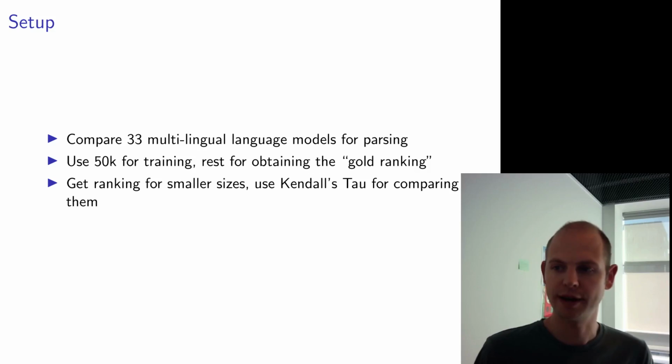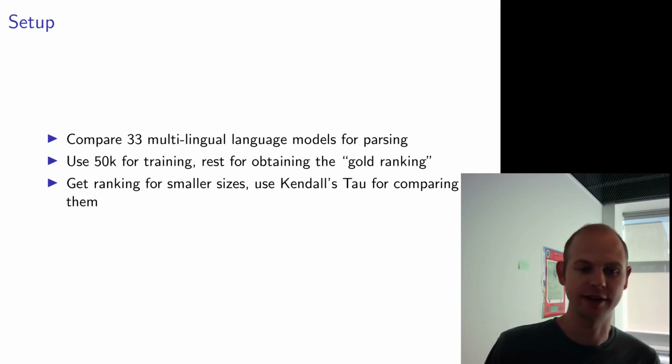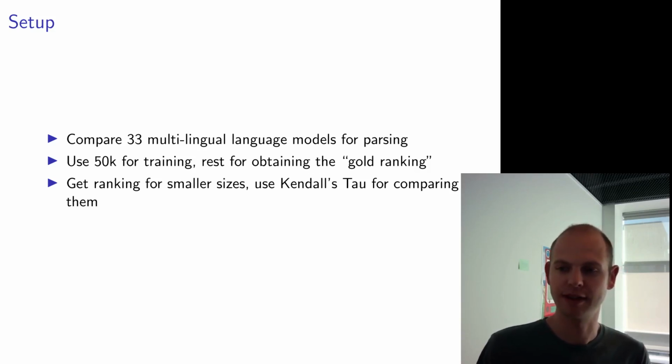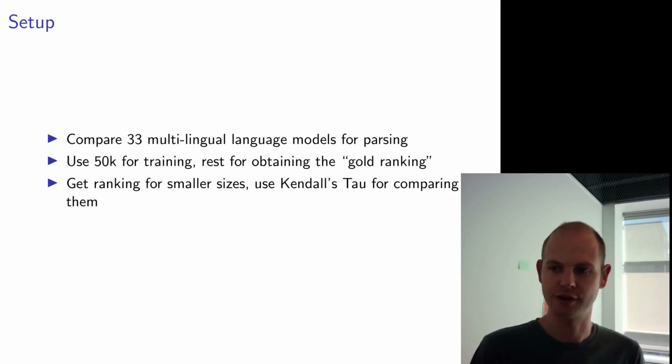And we will compare the rankings obtained with these smaller sets to the gold ranking. We will use Kendall's tau for comparing the rankings. In the paper we also checked with statistical significance testing, but it gave very similar results as Kendall's tau. So for computational reasons we focus on Kendall's tau for most of the experiments.